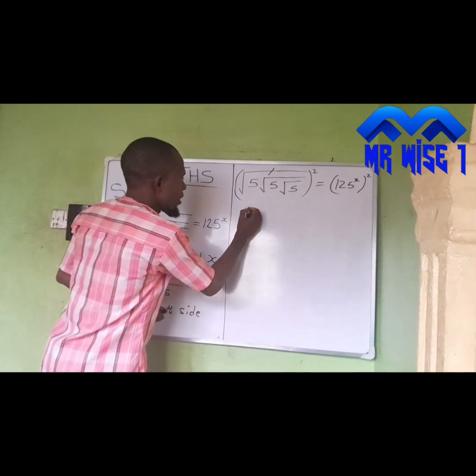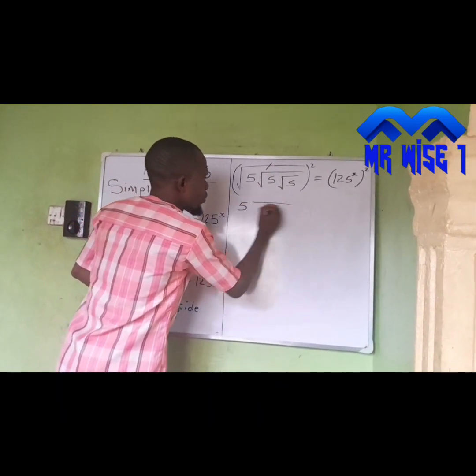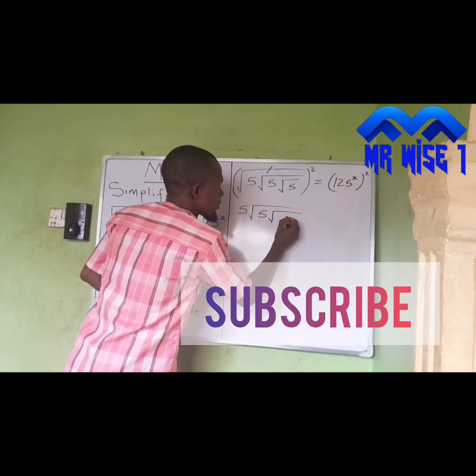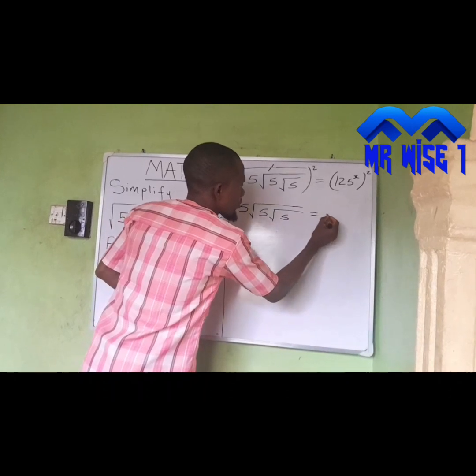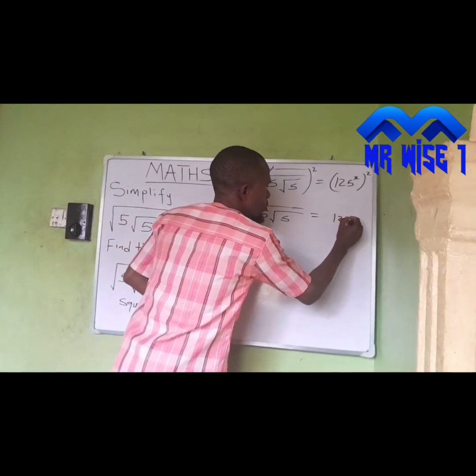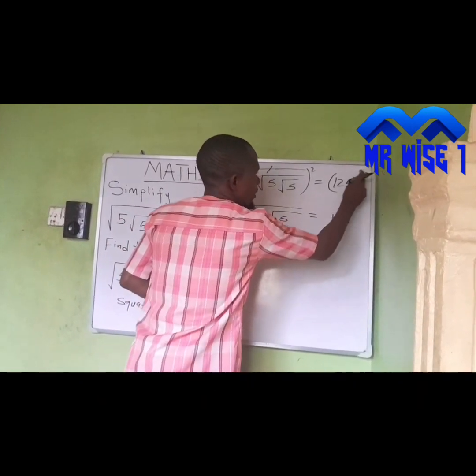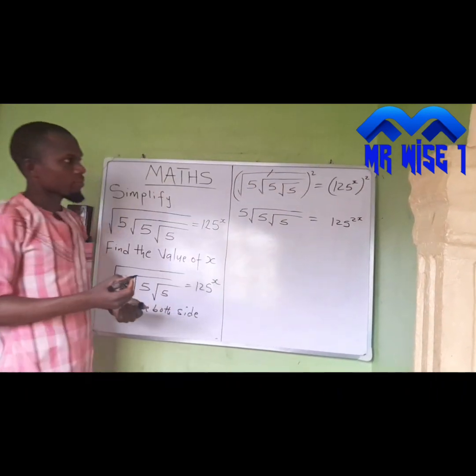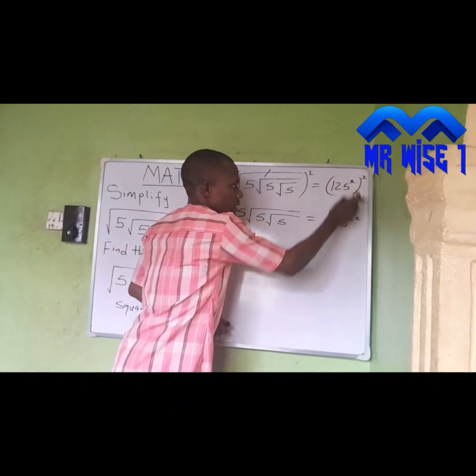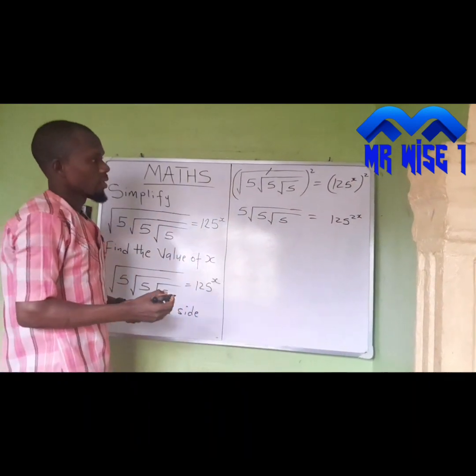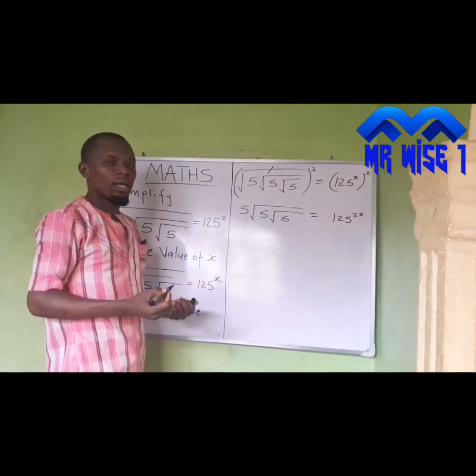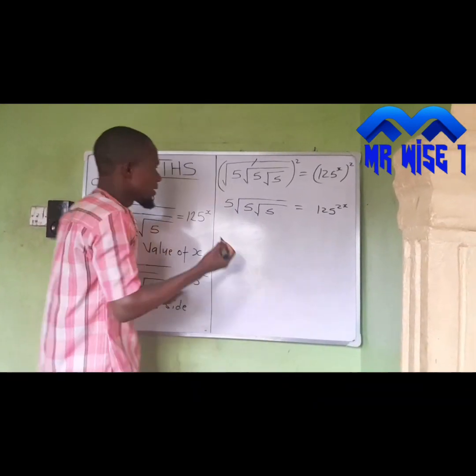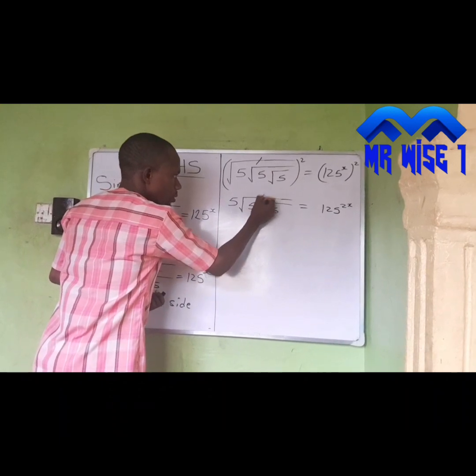I now have 5 square root of 5 square root of 5 is equal to 125 to the power of 2x. The next thing I'll need to do again is square both sides as well. Once I square both sides, this will still go.